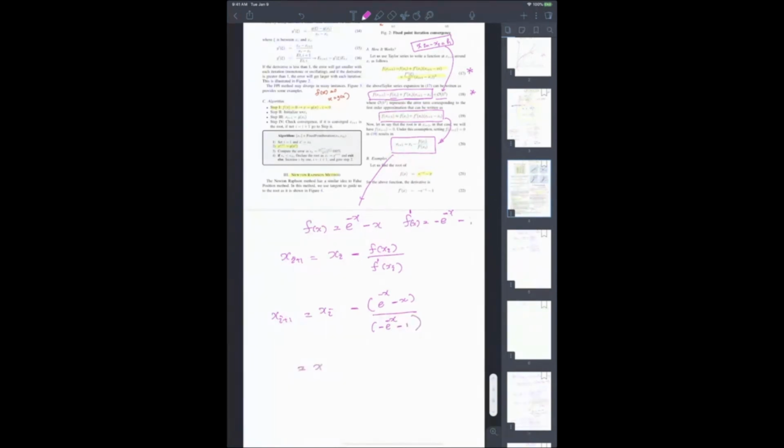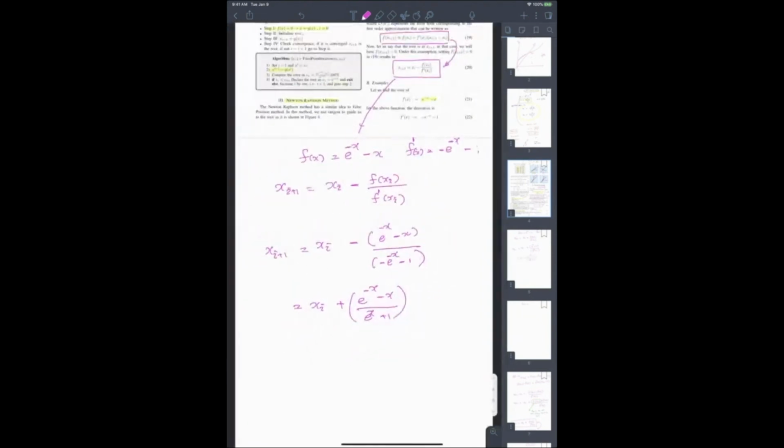So that is x_i plus e to the power minus x over e to the power x plus 1. But let me rewrite this. That would be x_{i+1} is x_i plus e to the power minus x_i minus x_i over e to the power x_i plus 1.